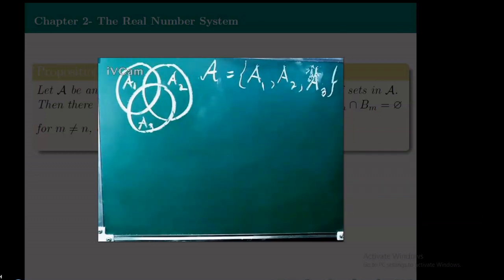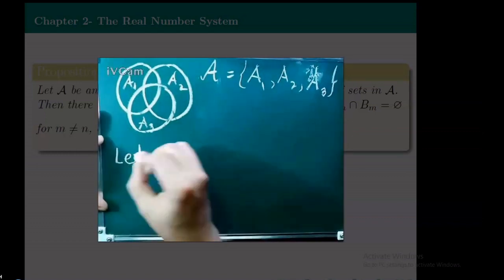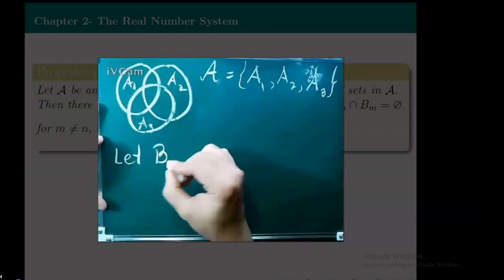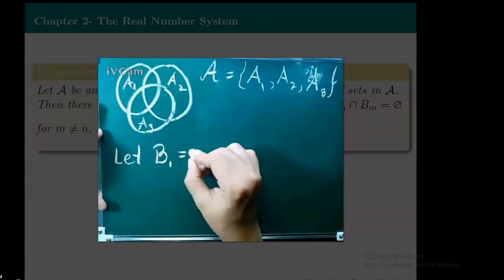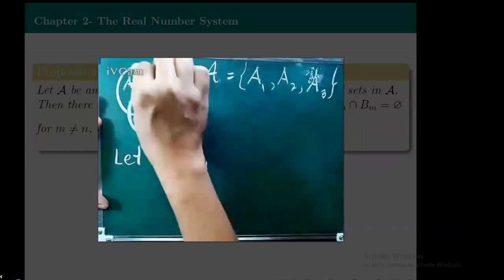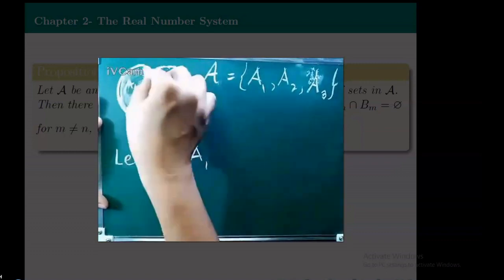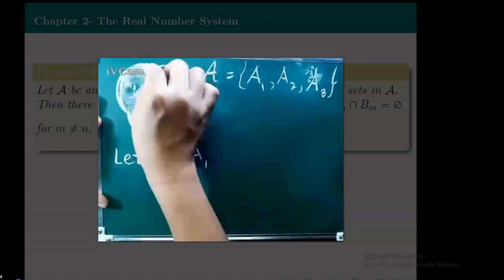Now, to find the existence of a sequence B sub n in script A, we can let first B1 be equal to A1. So in that case, we can let that as this set, B1 equals A1.